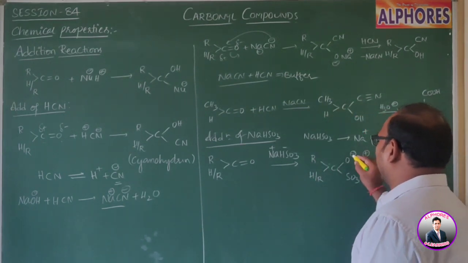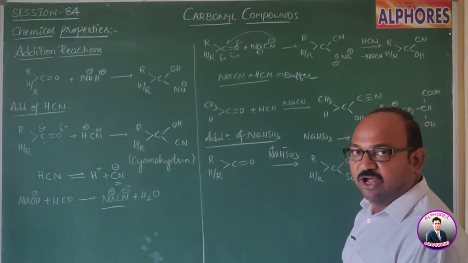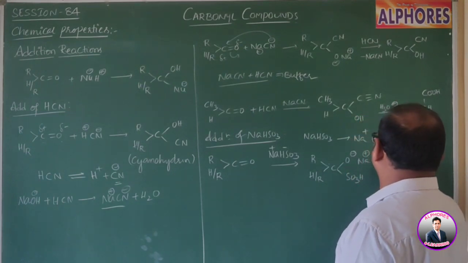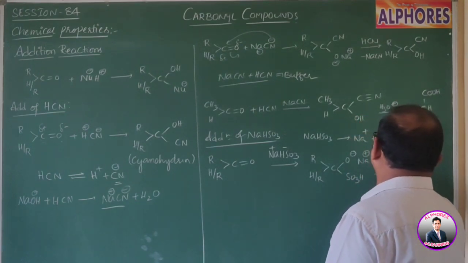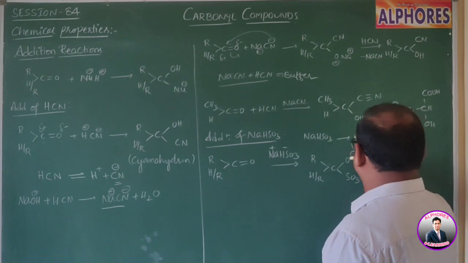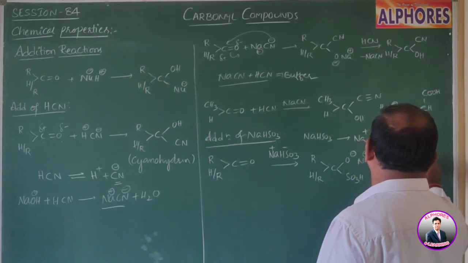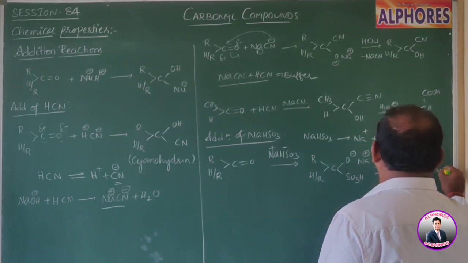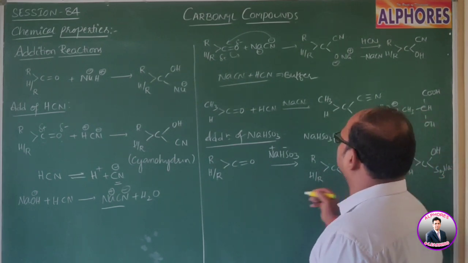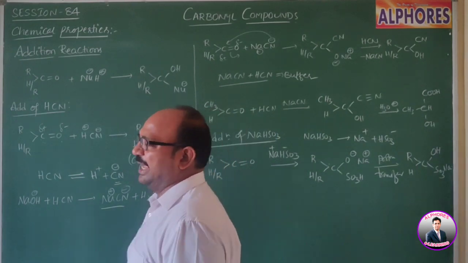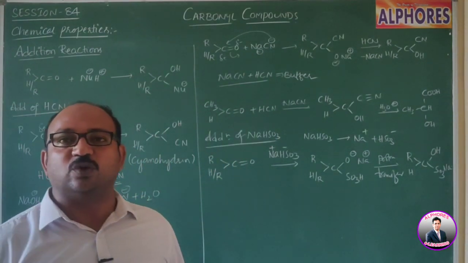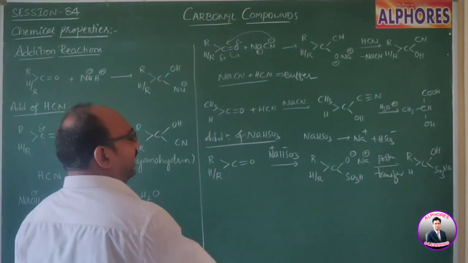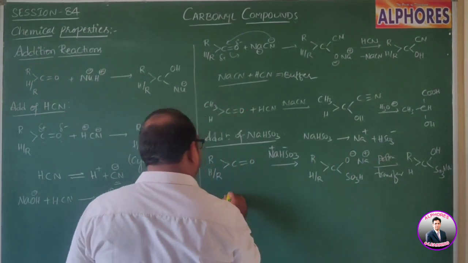And this is an oxide ion from alcohol you are getting, and this is a strong base, and immediately what happened? Proton transfer, then H plus was there, RRC, OH and SO3Na. So in general we are writing like this, but actually in addition of sodium bisulfite, the reaction is not stopped here.